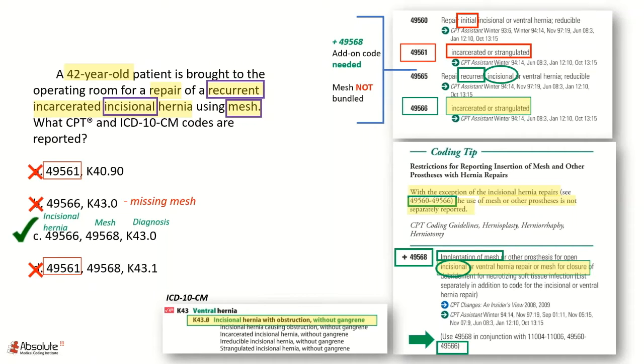I hope that helps you guys, because for me, any way that I can be succinct and cut to the chase, yeah, it is the exception. That's right, Sonia. So this is how I have it in my book, so that I'm clear about these 4 codes. If they're talking about a mesh, I'm gonna need this add-on code, and then you are golden.